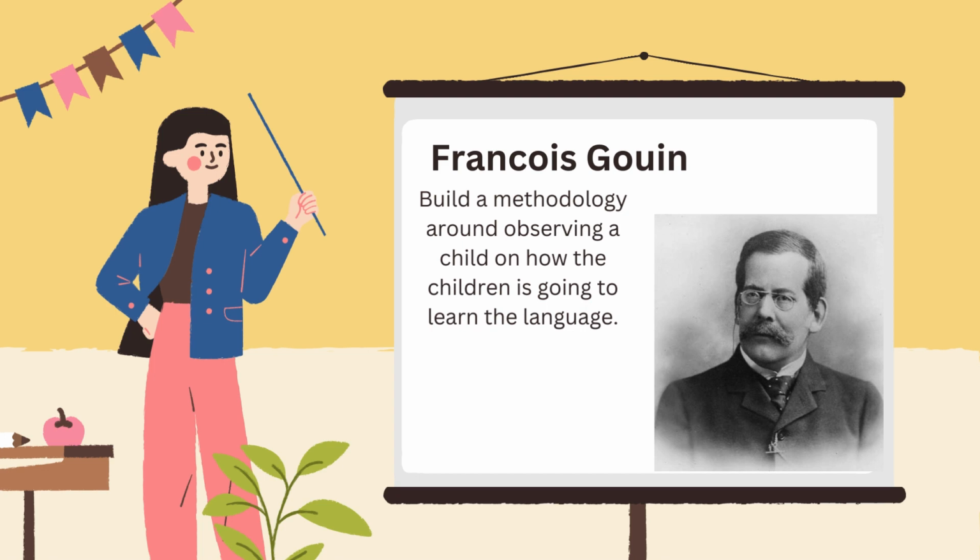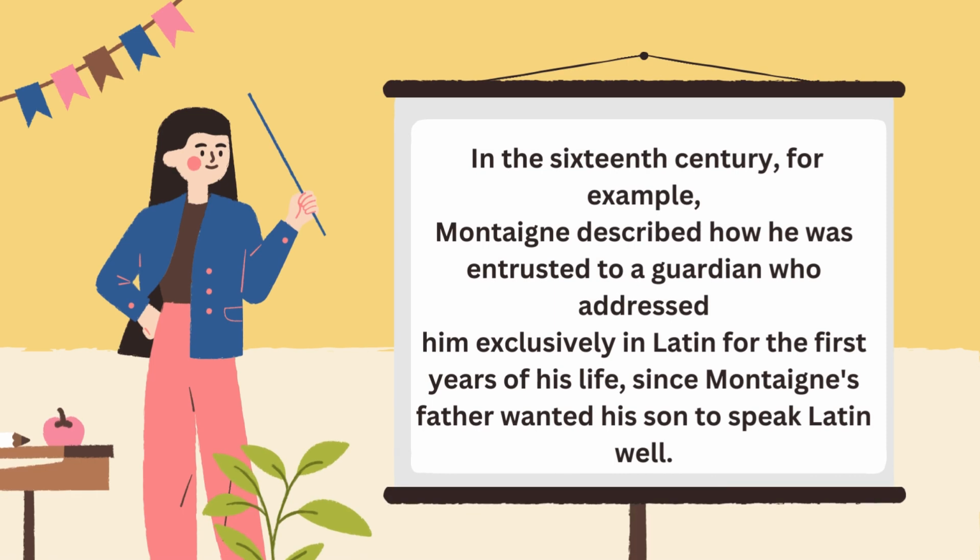So the meaning of this is that in the history of language teaching, just like Gouin, there were a lot of reformers who attempted to make second language learning more like first language learning. They wanted it to be as normal for a child to learn the second language as when you are learning your first language.